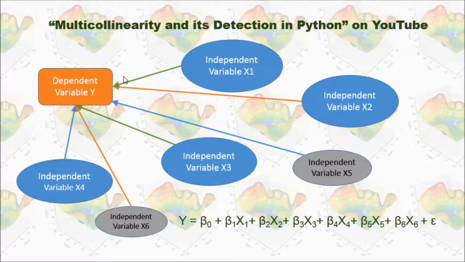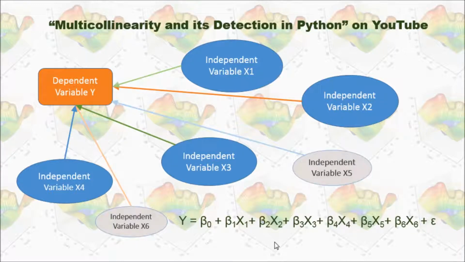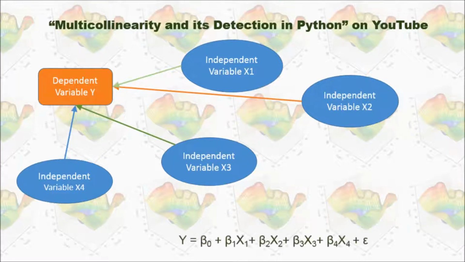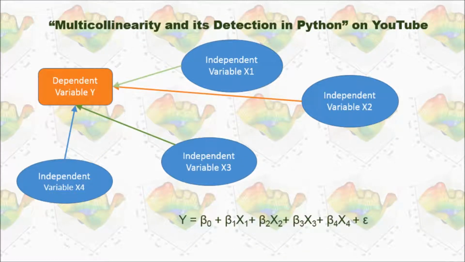In my previous video, I showed you originally we had 6 independent variables, and after we analyzed the multicollinearity, we found out there are 2 independent variables, x5 and x6, that have very strong collinearity with other variables. So in that video, we just got rid of those 2 variables and built our model with only 4 independent variables.